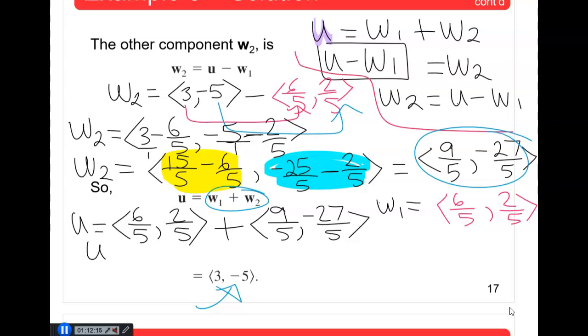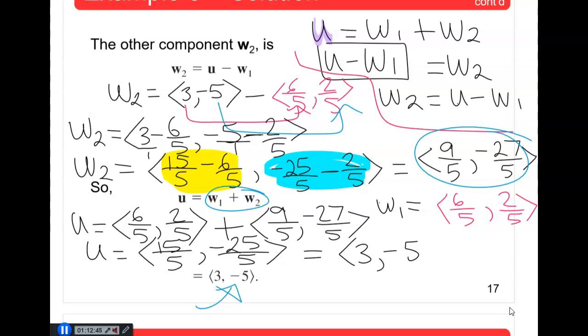So remember we got to take the horizontal component, so that will be 15 over 5, comma, we add the vertical component, so 2 minus 27 is negative 25/5. And of course, if we divide, 15 over 5 is positive 3, negative 25 over 5 is negative 5. So that is vector u. So yes, it is true.